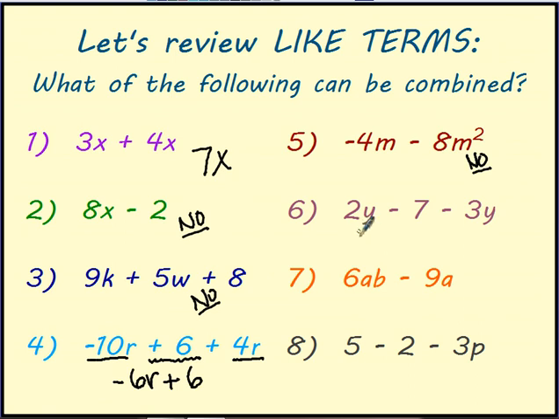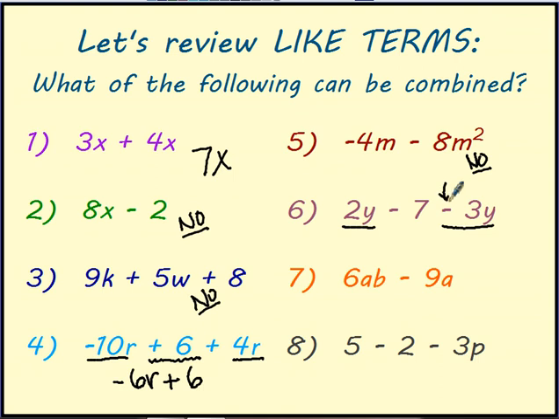In example number 6, I have 2y minus 7 minus 3y. I have a y term with no exponent, or you can think of it as an exponent of 1. I have another y term with no exponent, or exponent of 1. I have 2 y's.